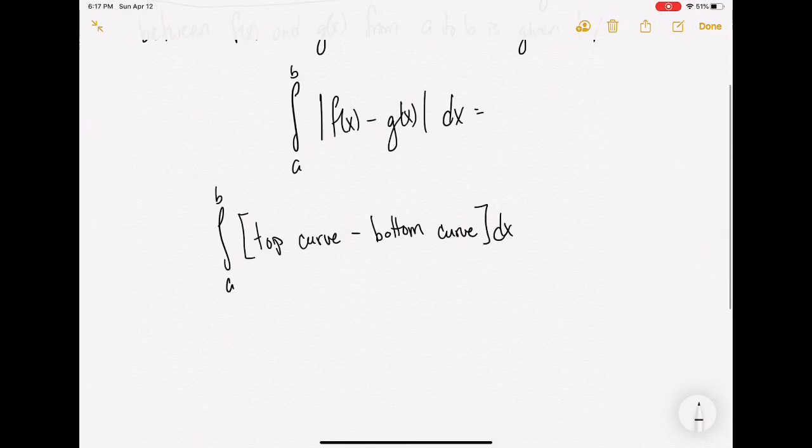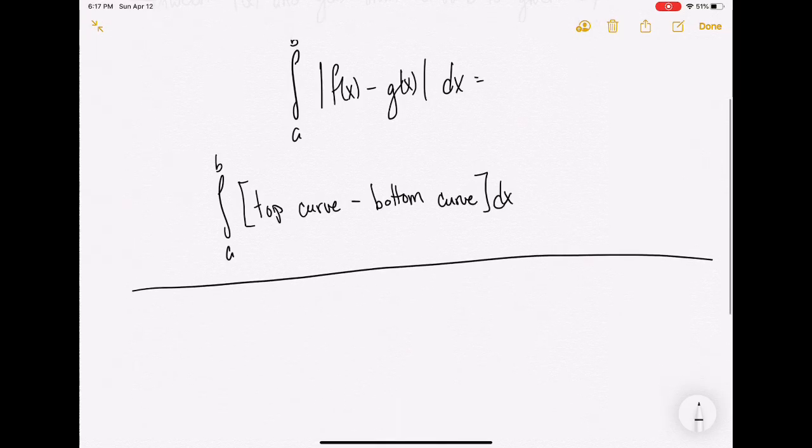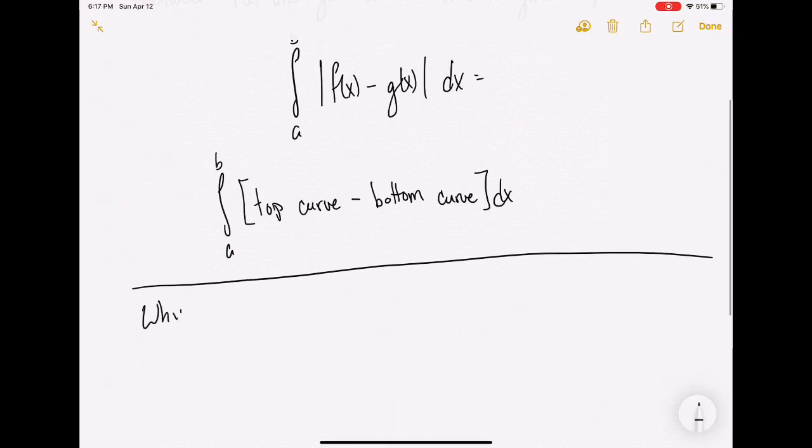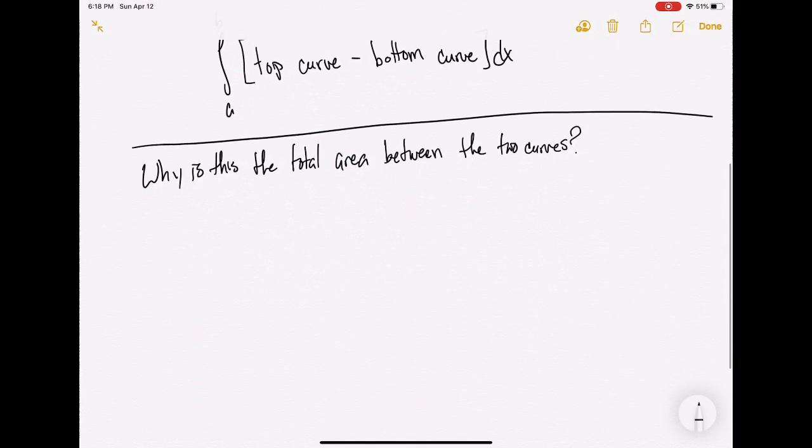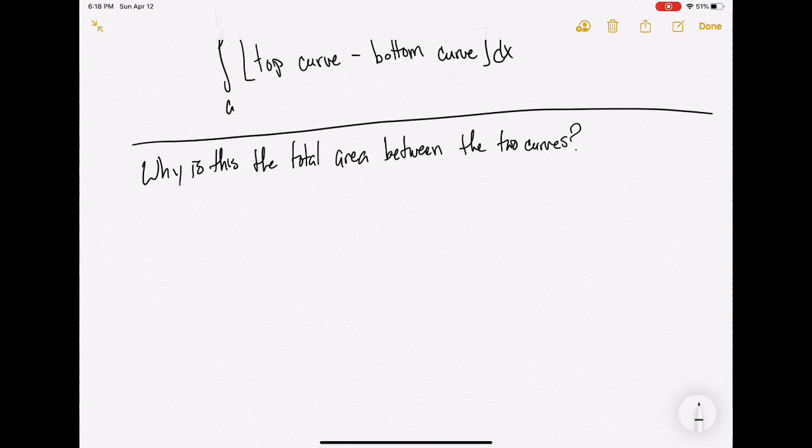So let's answer the question as to why this is the area. And I call it the total area. Just think about it as the total area between the two curves. Well, let's think about this in terms of the regular definite integral.